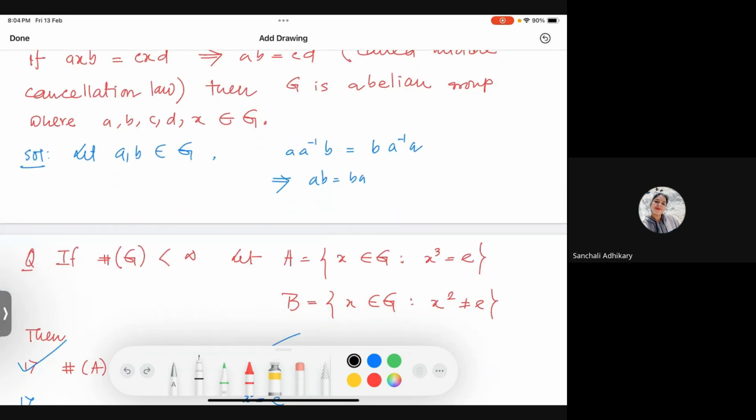I need to prove AB is equal to BA. So cancel A inverse from both sides. By the middle cancellation law, I will get AB is equal to BA. So done.